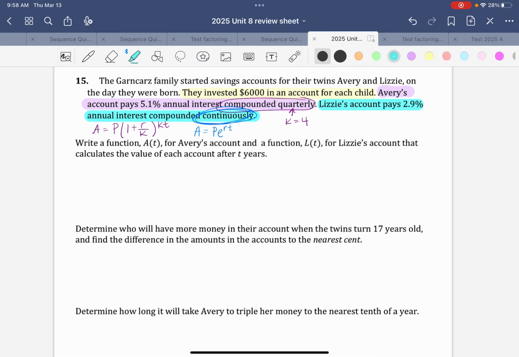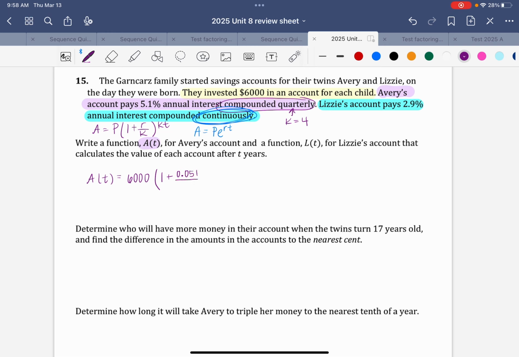So now the next part says write a function A of T for Avery's account. So we don't want it to be A equals, we want it to be A of T equals. Now P is the principal, the amount that you invested, and they invested $6,000. 1 plus, the interest rate is 5.1%, so if we divide that by 100, we're going to get 0.051.